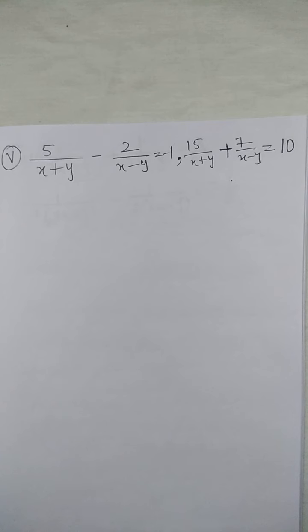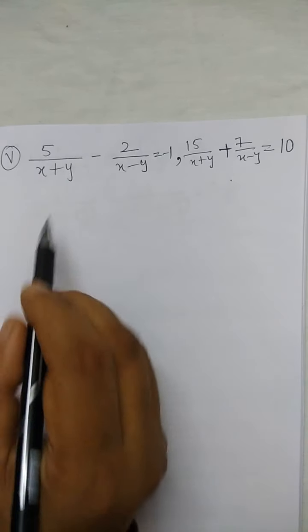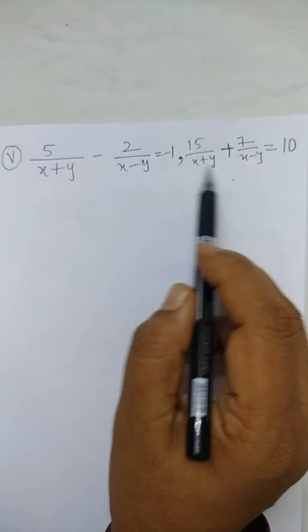Now this next problem looks a little bit complicated, but in this we have to perform elimination method 2 times. So how to perform elimination method in this? How to do substitution? We observe that it is 5 by x plus y, here also 15 by x plus y.